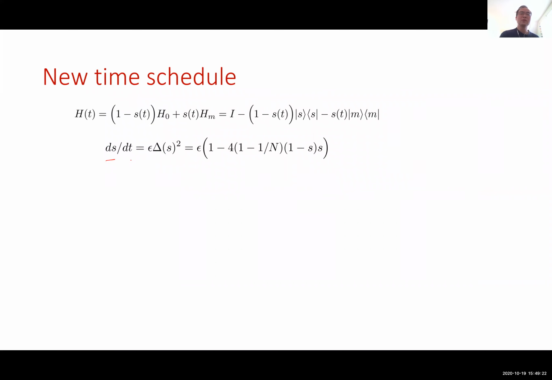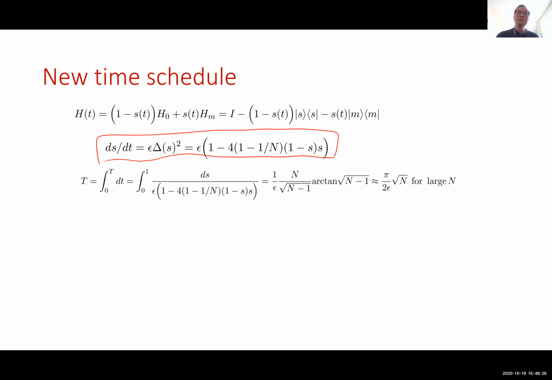So let me just rewrite this condition here. Basically, you have this, you can find s of t or t of s. And if you want to estimate the total time, it's basically the integration of little t from 0 to t, but you can express it in terms of s, right? Basically ds over epsilon delta s squared.